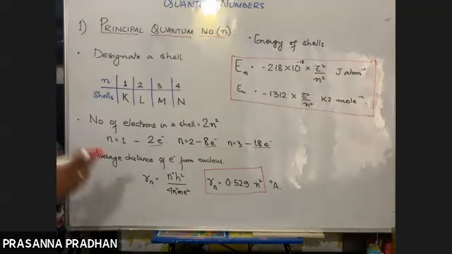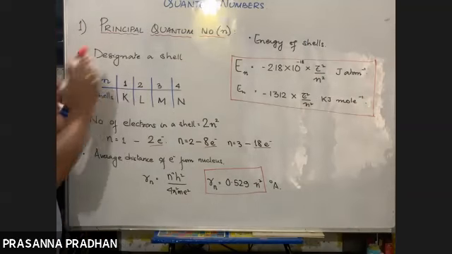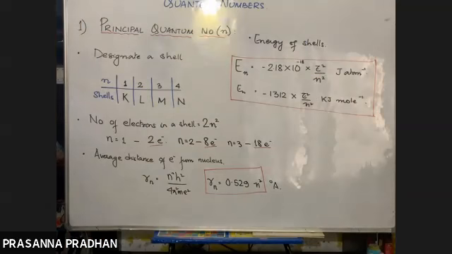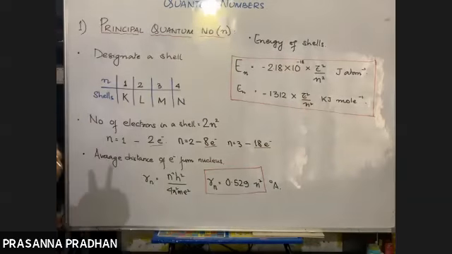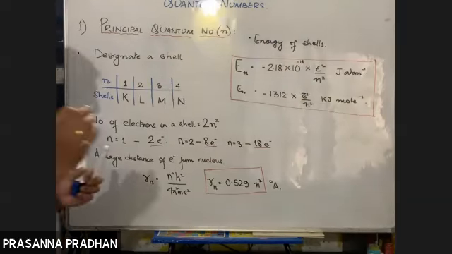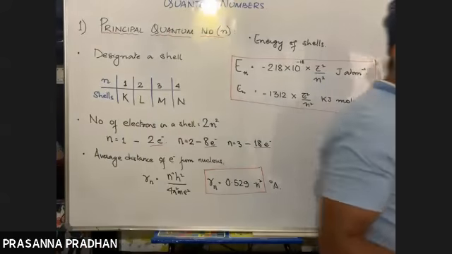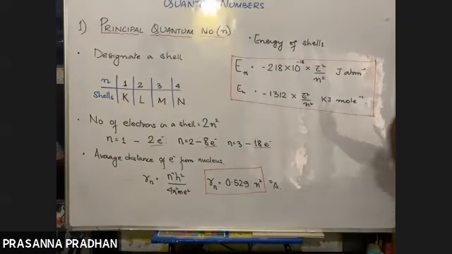So these are the different pieces of information provided by this principal quantum number. Then from these, indirectly, we can also calculate the amount of energy absorbed by an electron when it makes a transition from one energy level to another, which we have done.